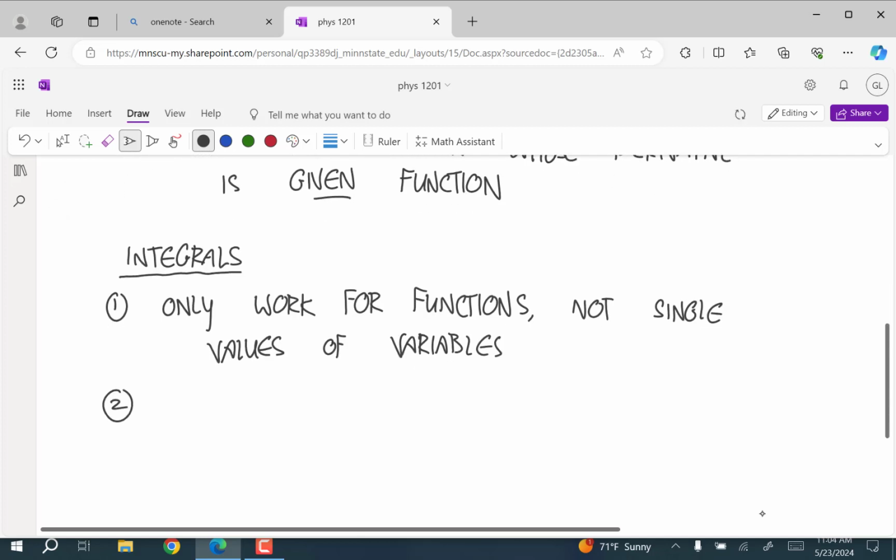Second, you always have to take an integral with respect to a variable, just like a derivative. So you need to take the integral with respect to a specific variable, and again, that's just like a derivative.